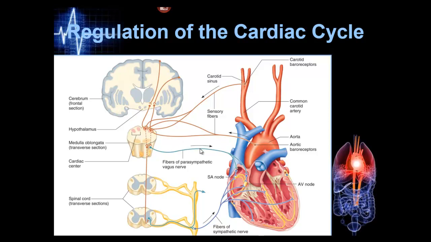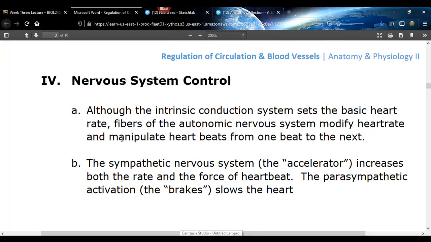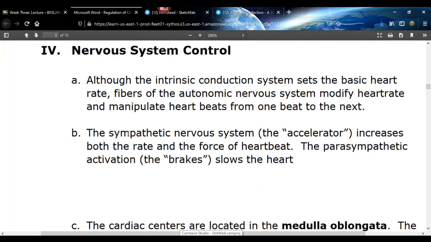The cardiac inhibitor center, the parasympathetic part, the vagus nerve, lowers heart rate. The fibers of the cardiac accelerator center, or the sympathetic nervous system, increase heart rate. The sympathetic nervous system, the accelerator, increases both the rate and force of the heartbeat.